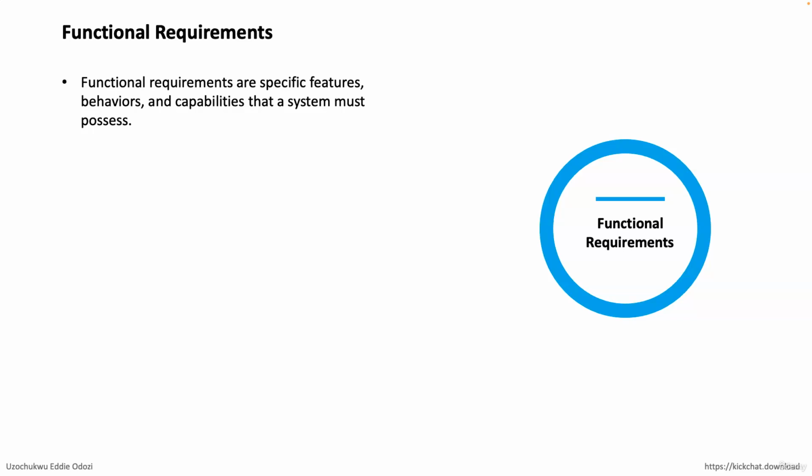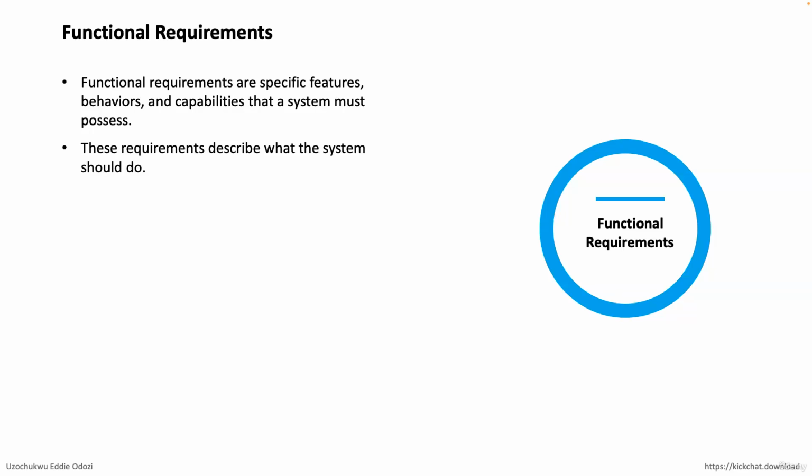And those requirements or features are actions that the users usually perform when they access your system or access your application. They are specific features, behaviors, and capabilities that a system must possess.